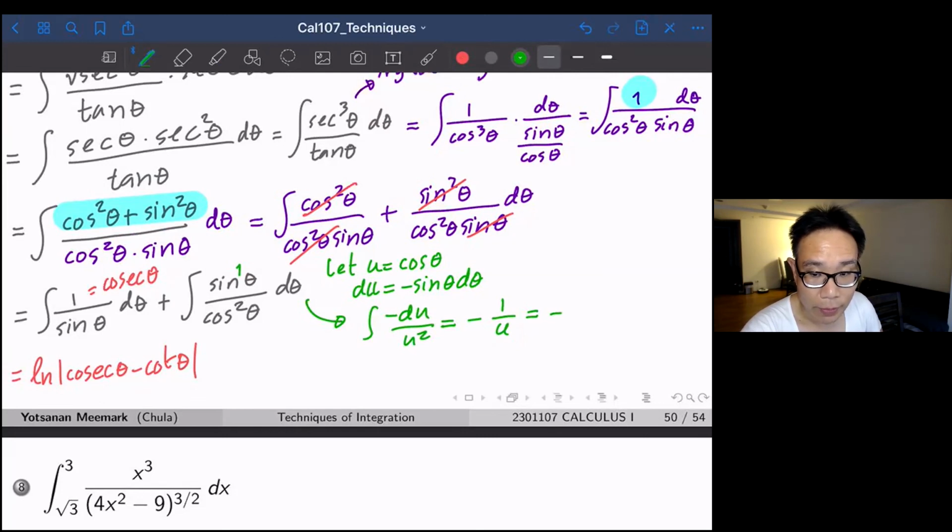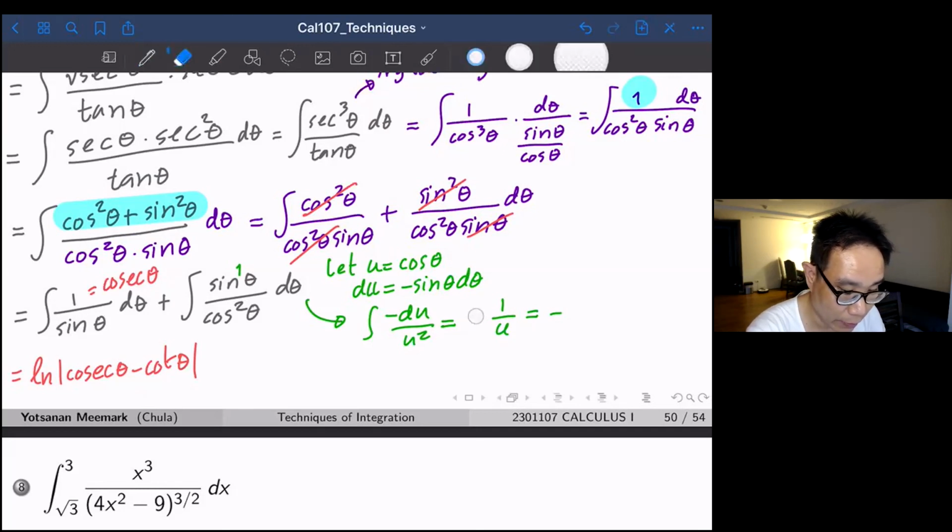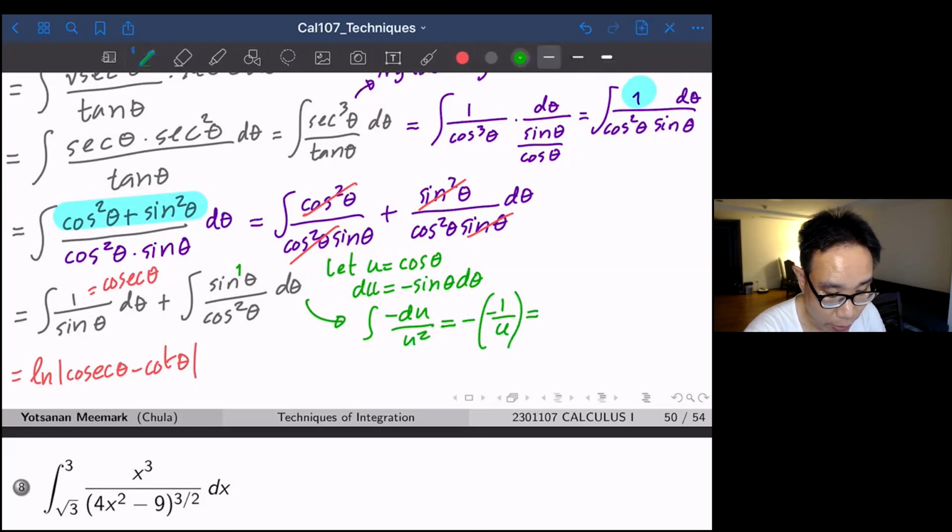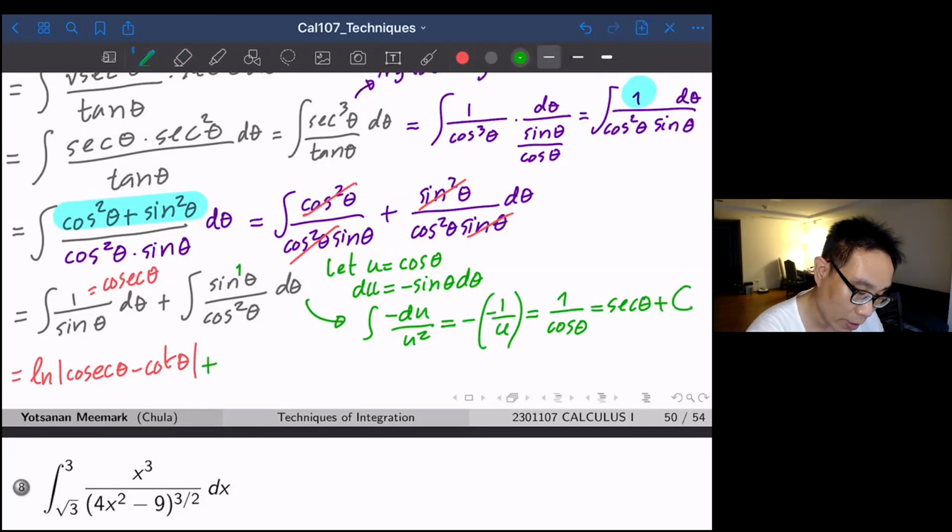I forgot one negative sign, right? So it's negative of negative, which becomes positive. So it's going to be 1 over cos theta, and this will be secant theta plus c. So we have plus secant theta plus c for this term.